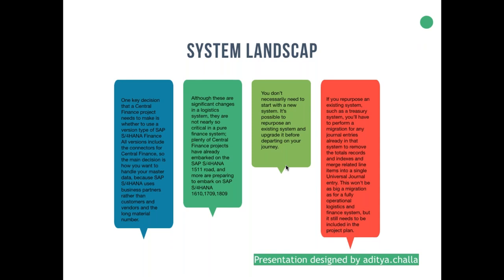In such a scenario, you have to perform migration for any general ledger entries already in that system, to remove the total records and index, and merge related line items into a single universal journal. So there won't be a big migration as for a fully operating logistics and finance system, but it still needs to be included in the project plan.